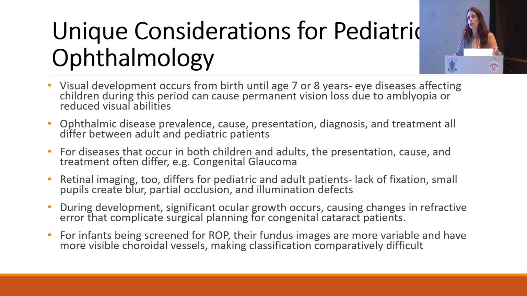When we capture any image, such as OCT, under GA, we cannot make the eye move in all directions, and it is not possible to get exactly coaxial images. Vessel segmentation in the fundus, especially for ROP, is also very different, and the classification is comparatively difficult compared to an adult retinal vasculature.